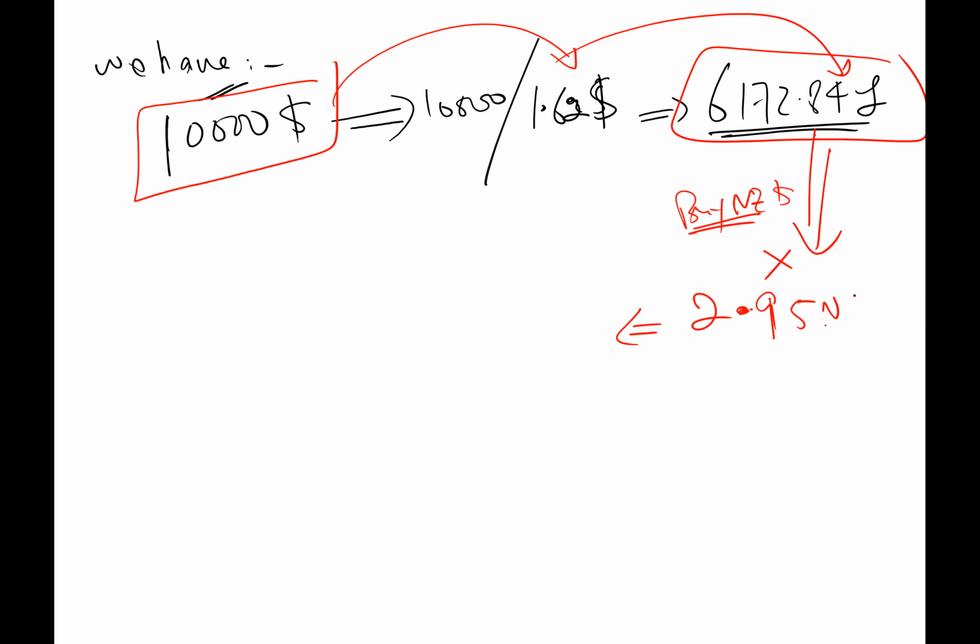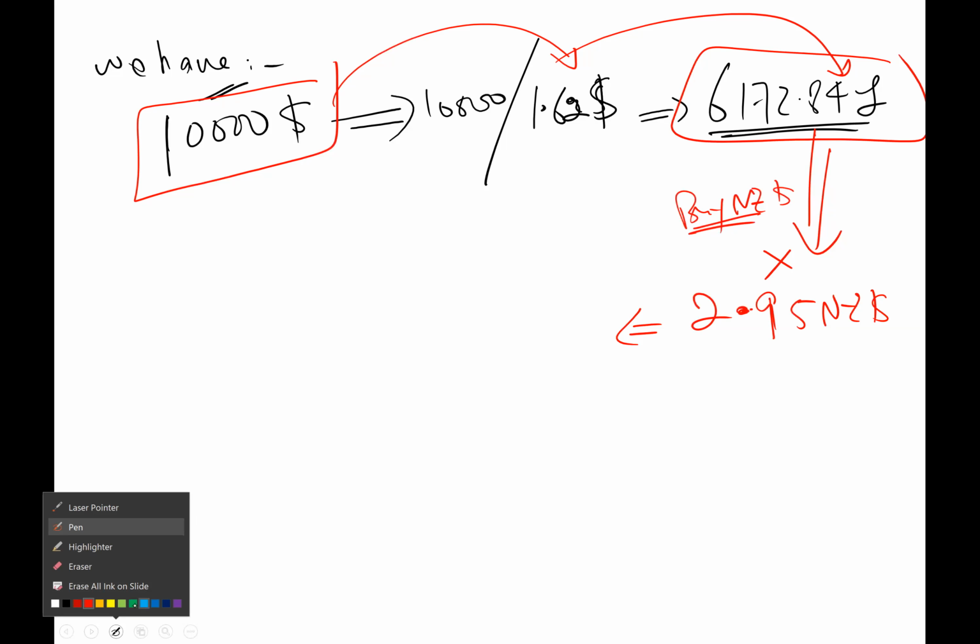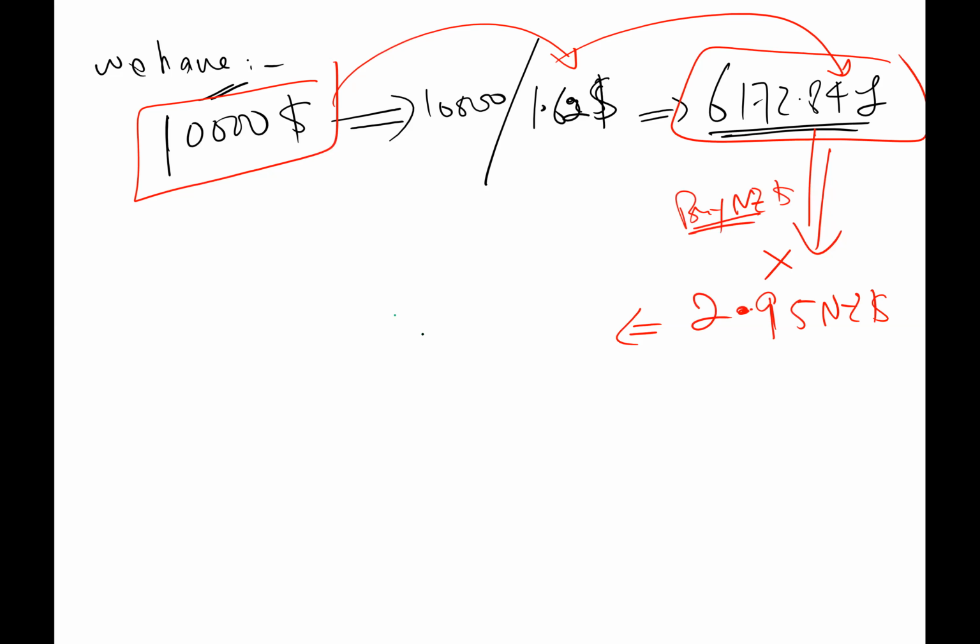You multiply this and you would be finding out 18209.88 New Zealand dollars. Now convert your NZ into US dollar.